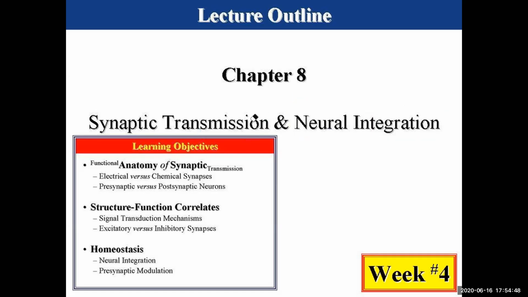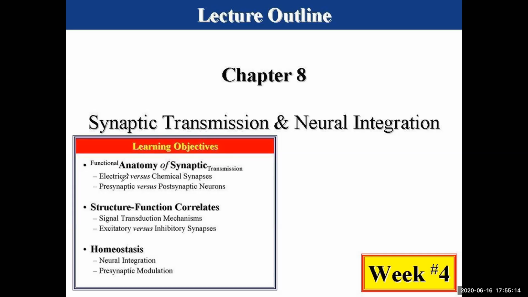For the learning objectives, we're going to go over the same three pillars again. We're going to revisit the functional anatomy of a synapse, going over the electrical synapse and chemical synapse again. We're also going to visit what is in front of the synapse and what is after the synapse.